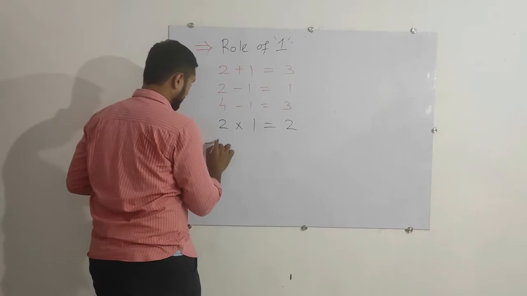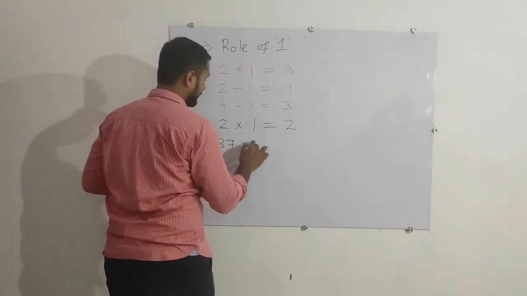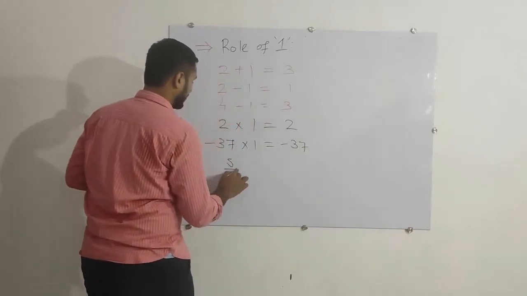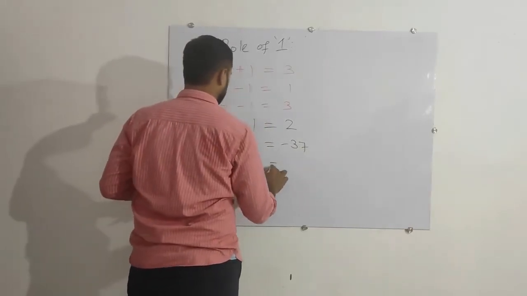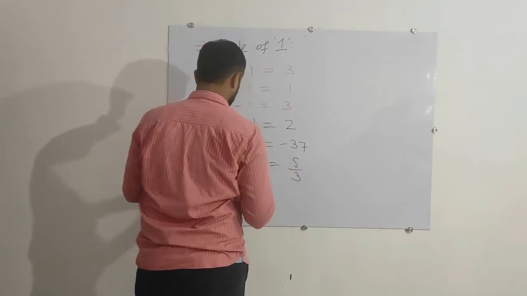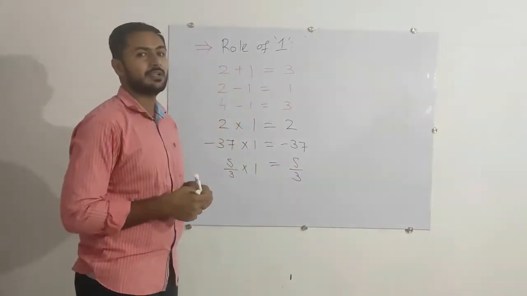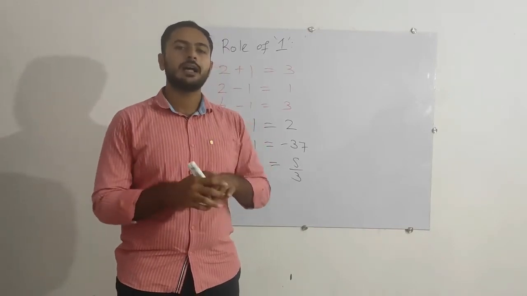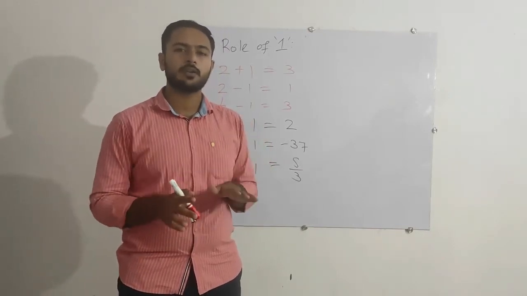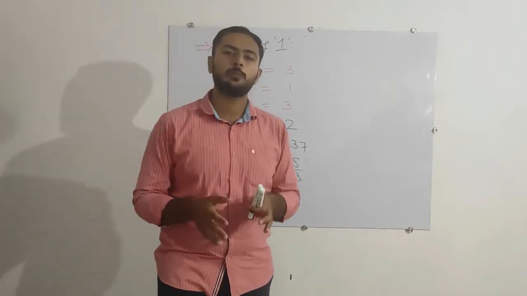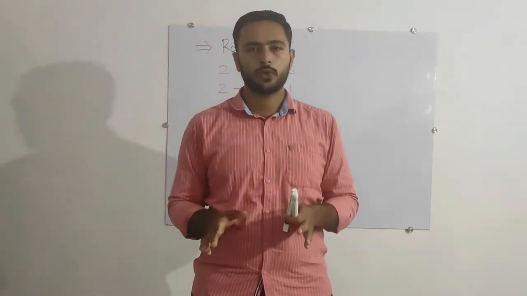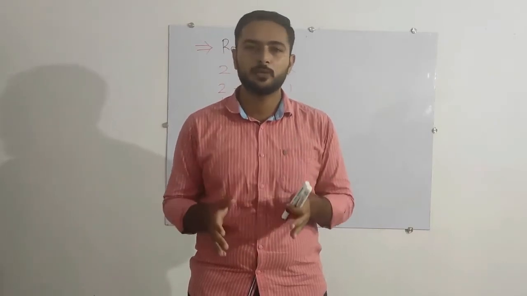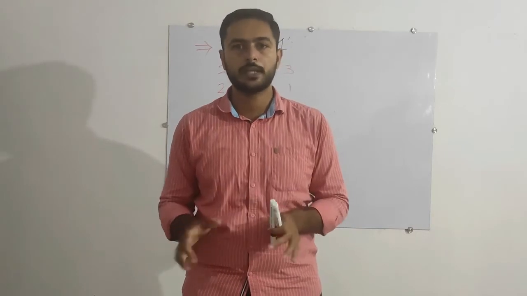Now if I select minus 3/7 multiplied by 1, that will be minus 3/7 only. If I select 5 by 3 multiplied by 1, that is again 5 by 3 only. It means if I multiply any number by 1, the answer will be the same number only. If I do 1 crore multiplied by 1, the answer is 1 crore. If I do 1,37,000 multiplied by 1, that is 1,37,000 only.